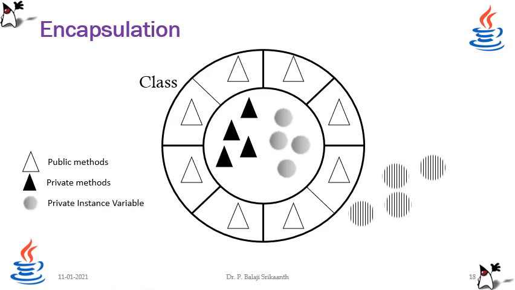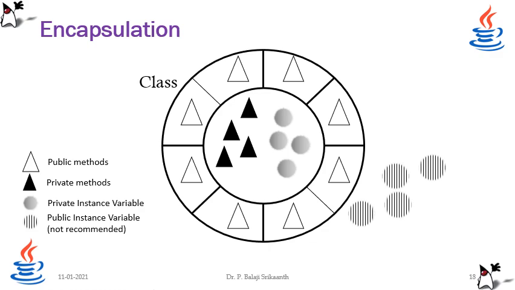The shaded circles are private variables, and these variables are called instance variables, whereas the small circles outside the bigger circle called the class are called public variables. Usually public variables are not recommended in any situation. In an extraordinary situation, you might declare one or two variables as public. Again, that is also not recommended.